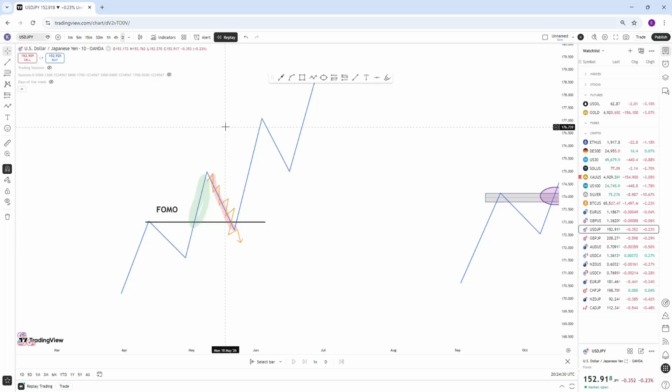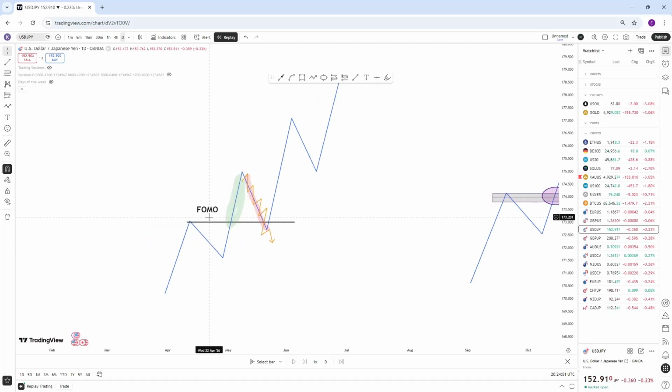You want to catch the move in the continuation. Basically, I'm going to show you how you can see or identify the correction when the correction has started in the market. Let me show you how you can identify this move.